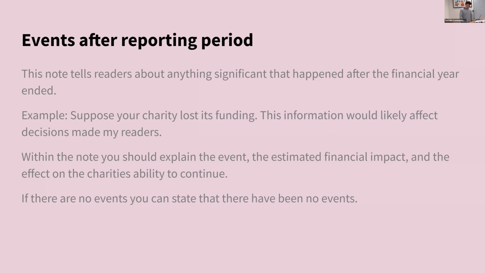This information would likely affect decisions made by readers and therefore must be included. Within the note, you should explain the event, the estimated financial impact, and the effect on the charity's ability to continue. If you have no events, you can simply leave this blank or just state that no events have occurred.